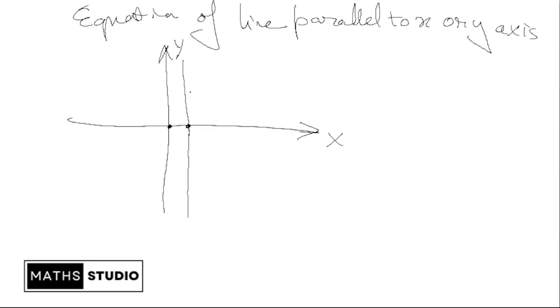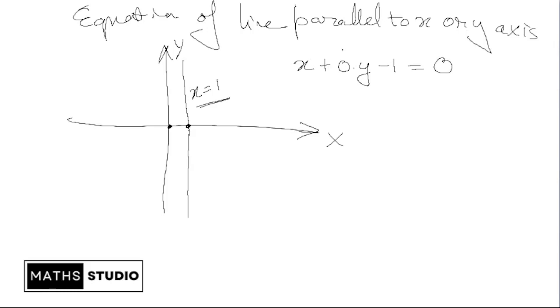So this kind of equation can be represented as x equal to 1. That means whatever be the value of y, x will be 1. So graphically, how do we represent it? See, x equal to 1. So how are you going to write? x plus 0 into y minus 1 equal to 0.